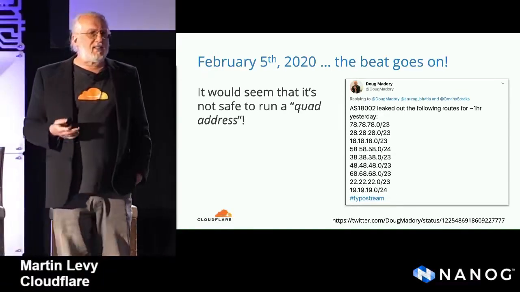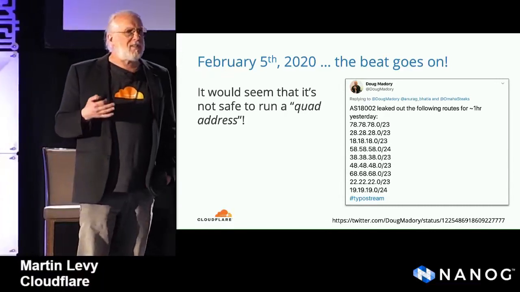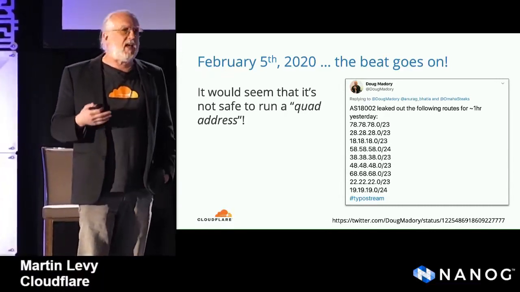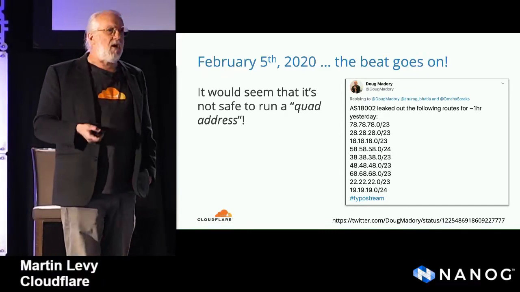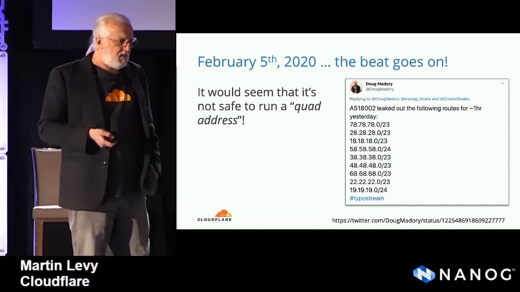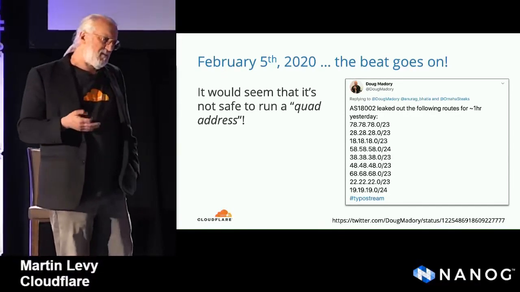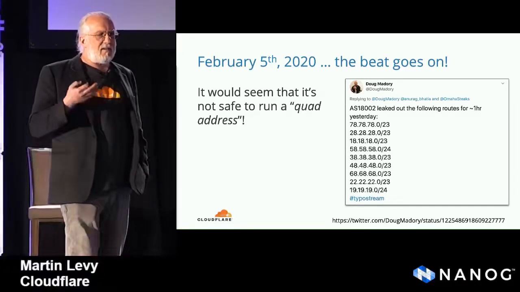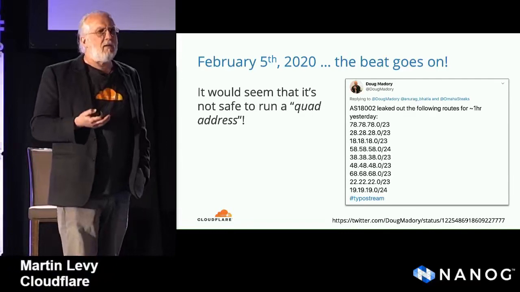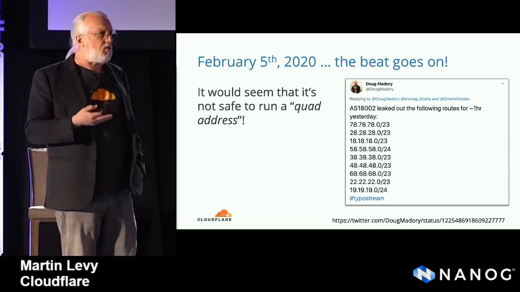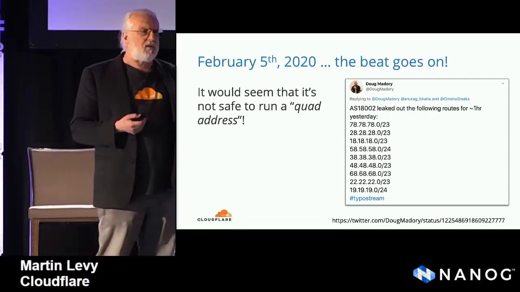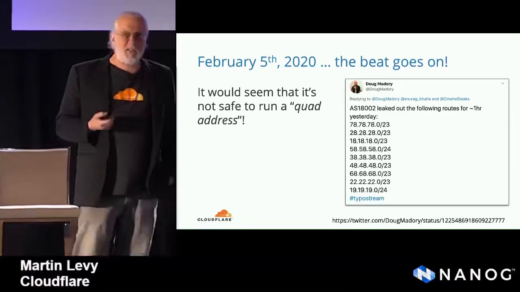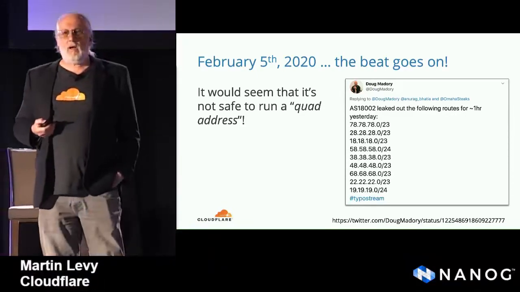This is somebody's test lab or something that is leaking out and going to various parts of the global internet. This quad numbers, this isn't just somebody typoing. And yet this goes, as I said, and has quite an effect. It's not that safe to run a quad number.